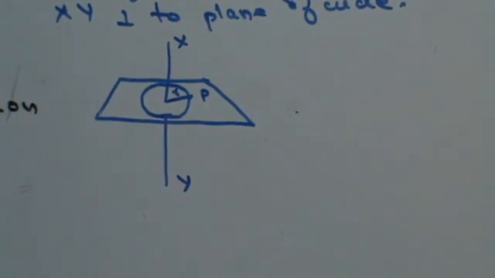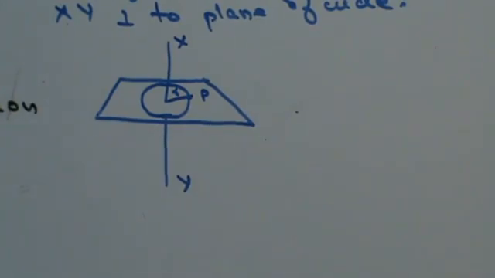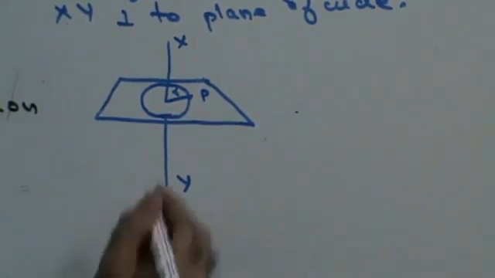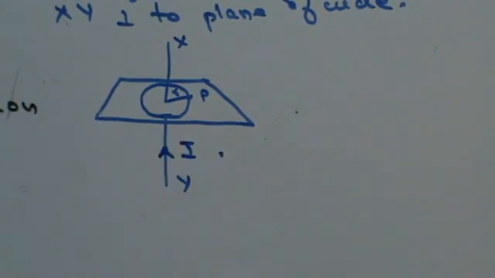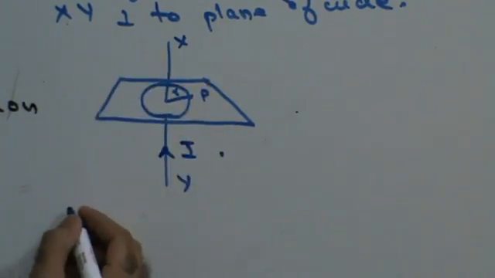Okay, once you have this, then you can now apply your Ampere law. I can say that the magnetic induction B at point P due to current I, which is flowing through the conductor xy.